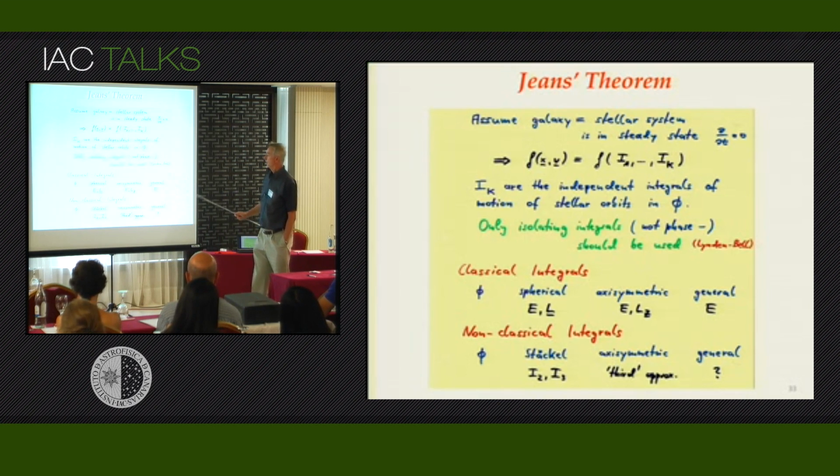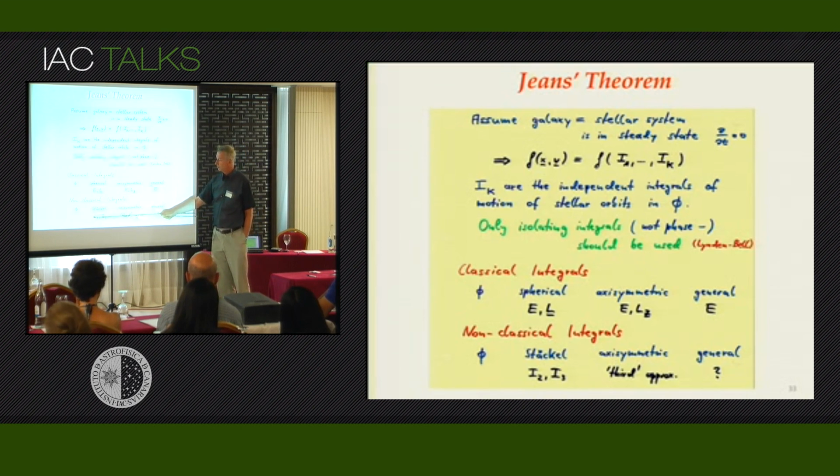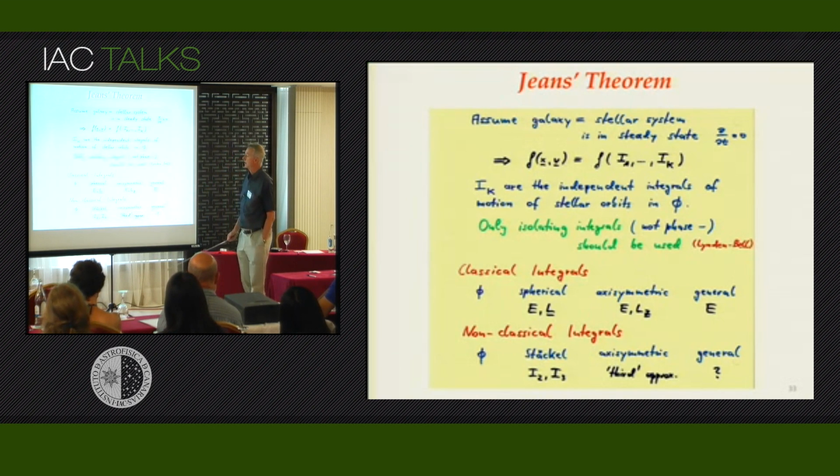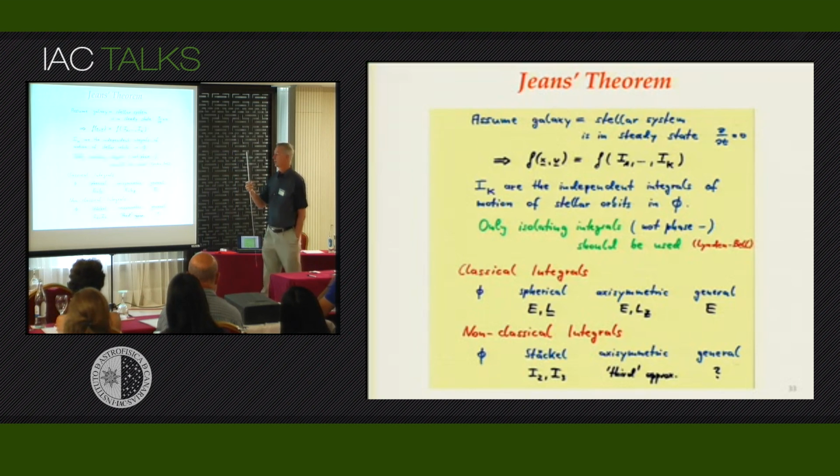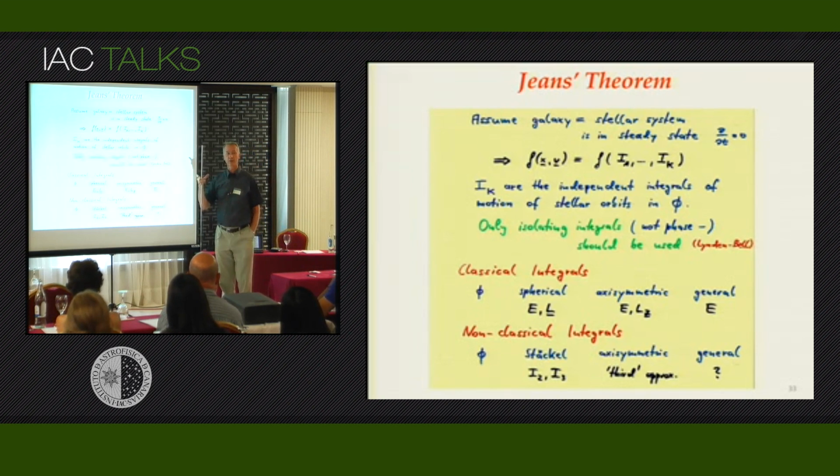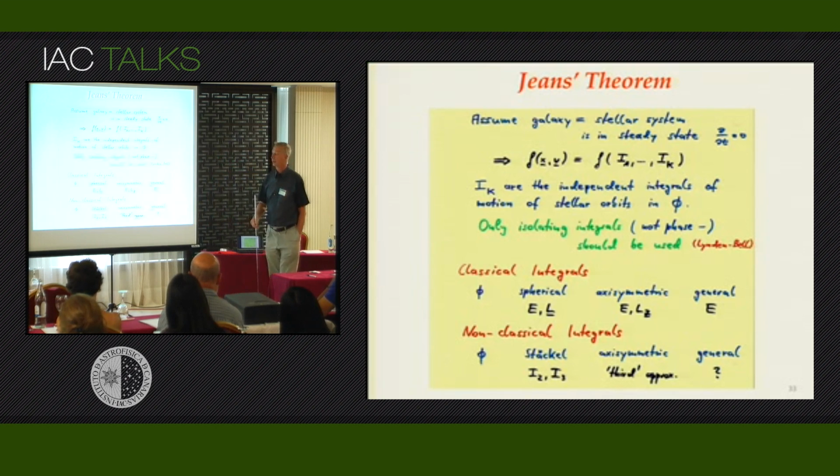And well, for example, in a triaxial potential, we could write down a function of energy only, but it's not hard to convince yourself that that's not a valid solution to any equilibrium problem. So there, certainly we need other quantities, the actions, in order to make a valid equilibrium distribution function.